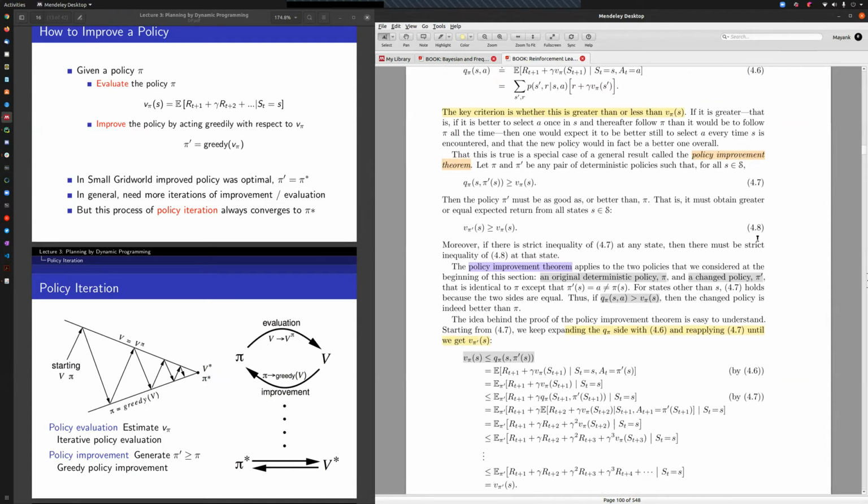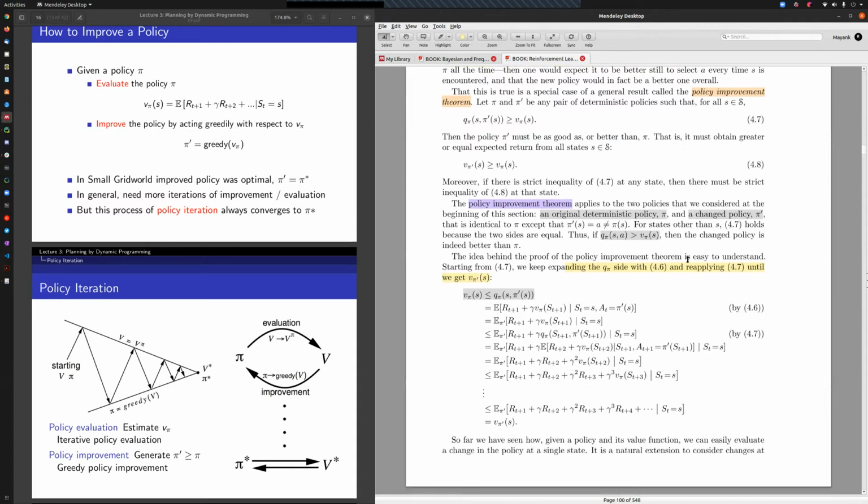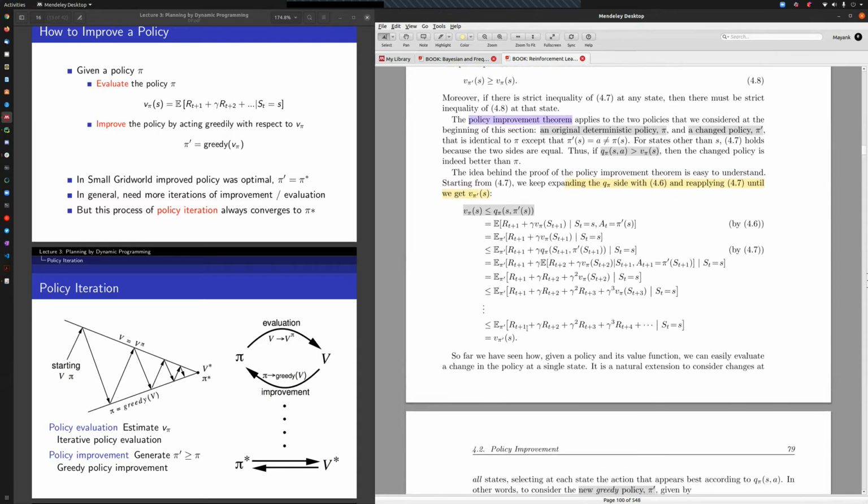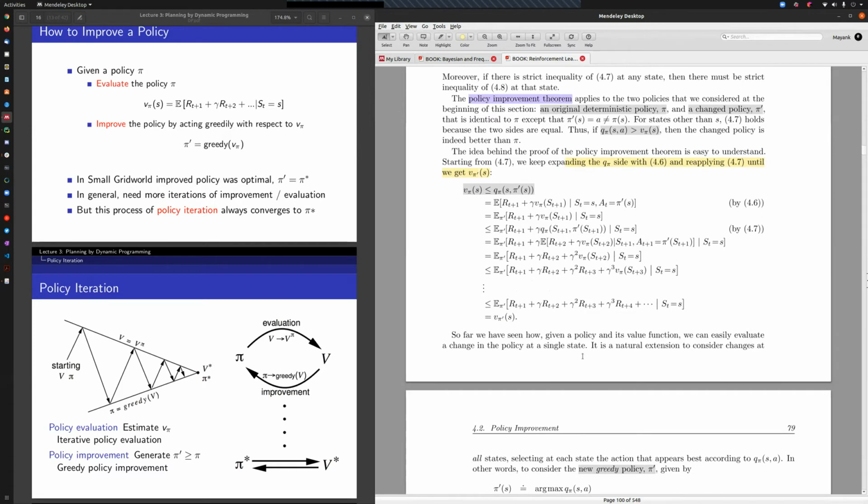These are the pairs of deterministic policies. The next iteration, pi prime, must be as good or better than this. So these are the straightforward formulations that help us reach this point.